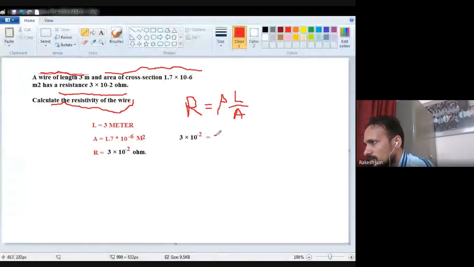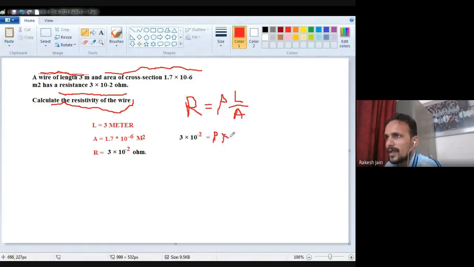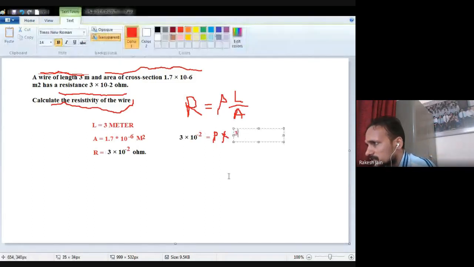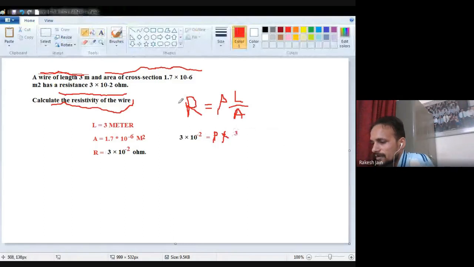Multiply by L by A. So what is L? L is given as 3. So I just write down 3 here.